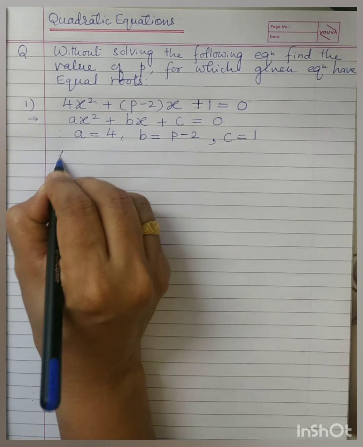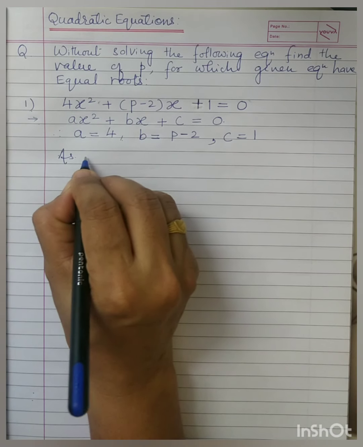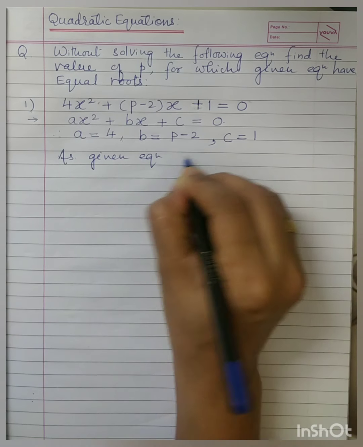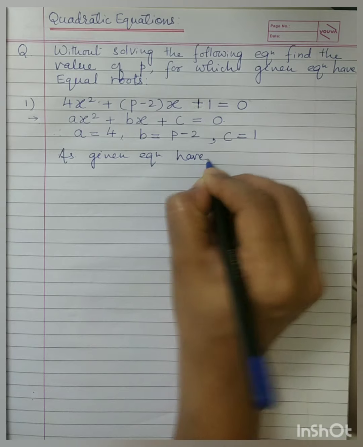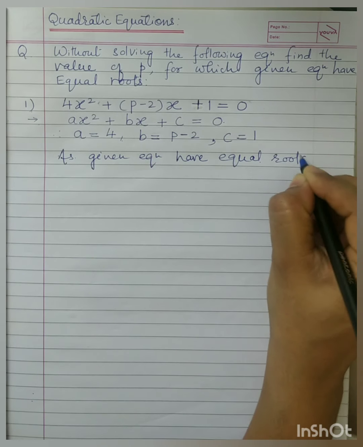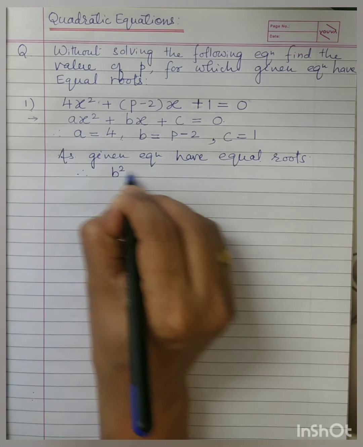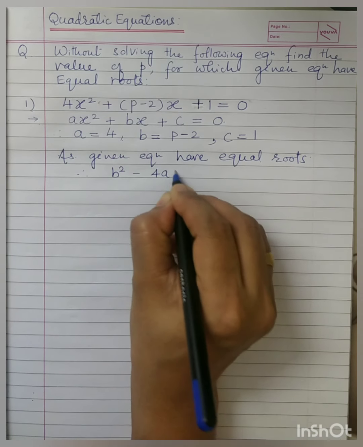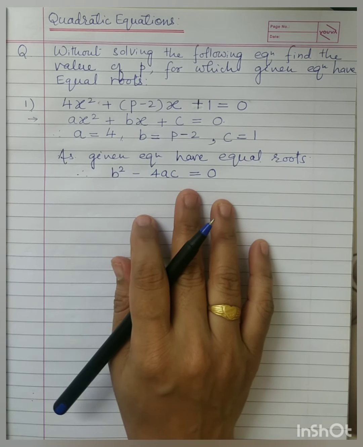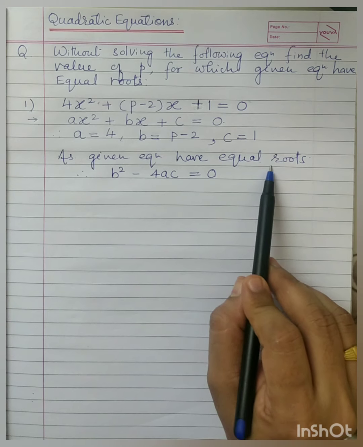Okay, first step done. Now the second step is what? Given equation has equal roots. So you may remember the condition. If the roots are equal, the value of discriminant, what is our discriminant? b square minus 4ac will be 0. Have you understood? We are writing it as an equation because we are already given that the roots are equal, right?